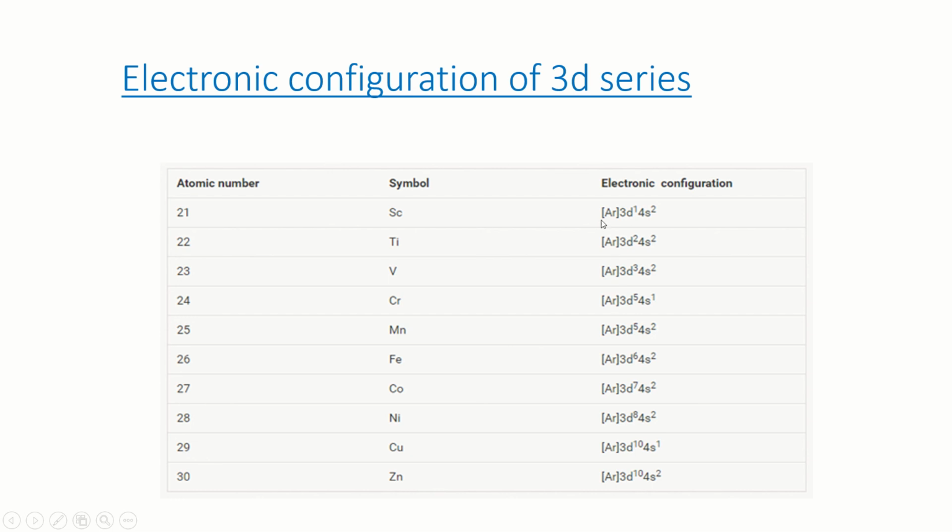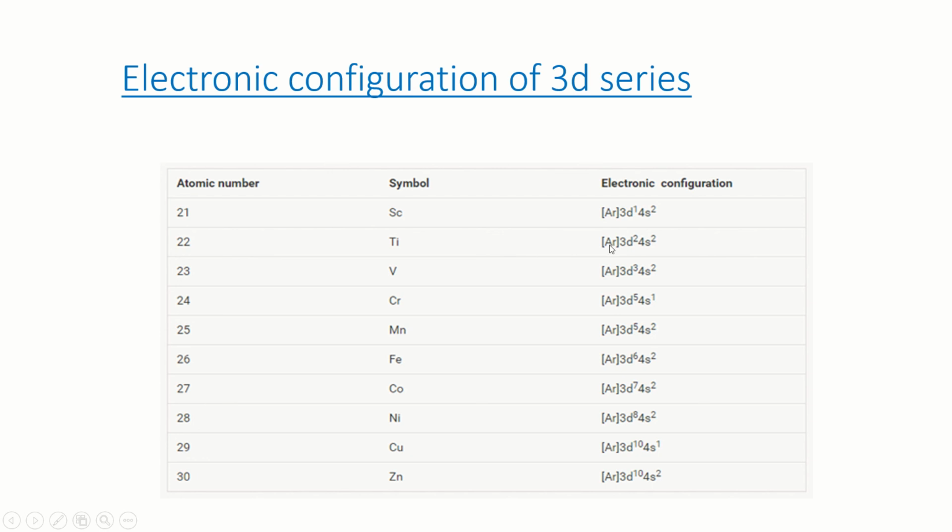Now, the electronic configuration in terms of the noble gas configuration, that is argon, whose atomic number is 18. For scandium, 21 minus 18 leaves 3 electrons, and the configuration is written 3d1 4s2.